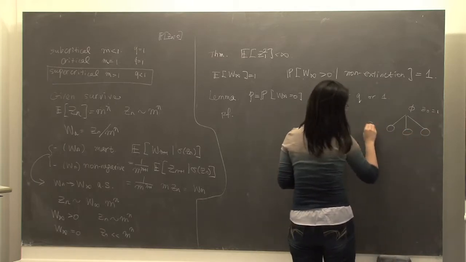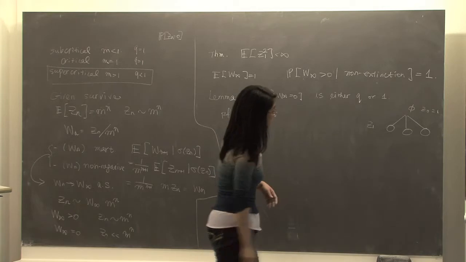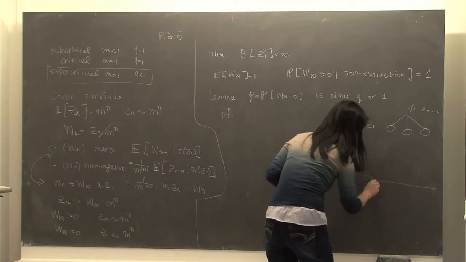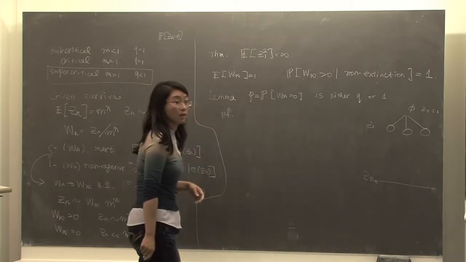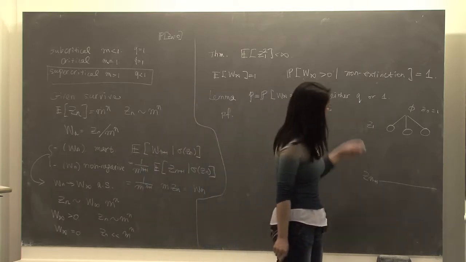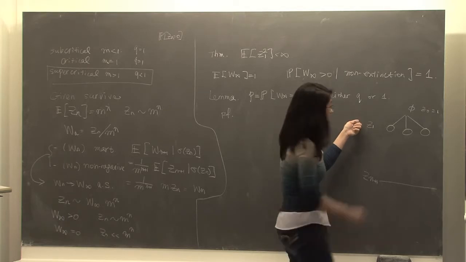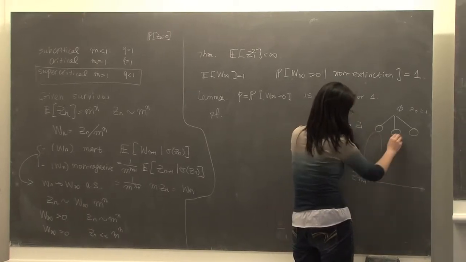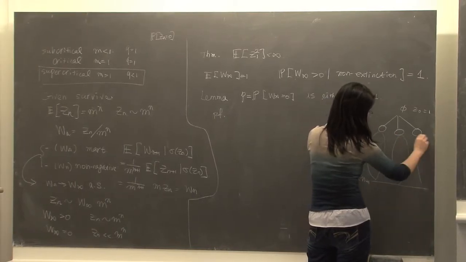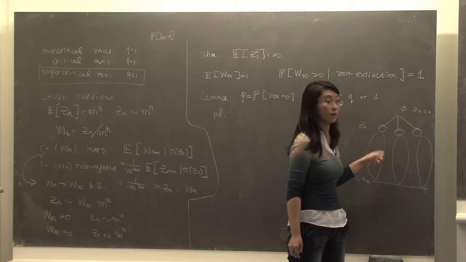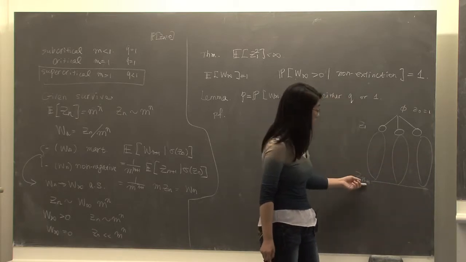Now we ask what happens to the n plus 1 generation. Suppose we know how many particles we have in the first generation, then these subtrees are just independent copies of the random tree up to generation n.